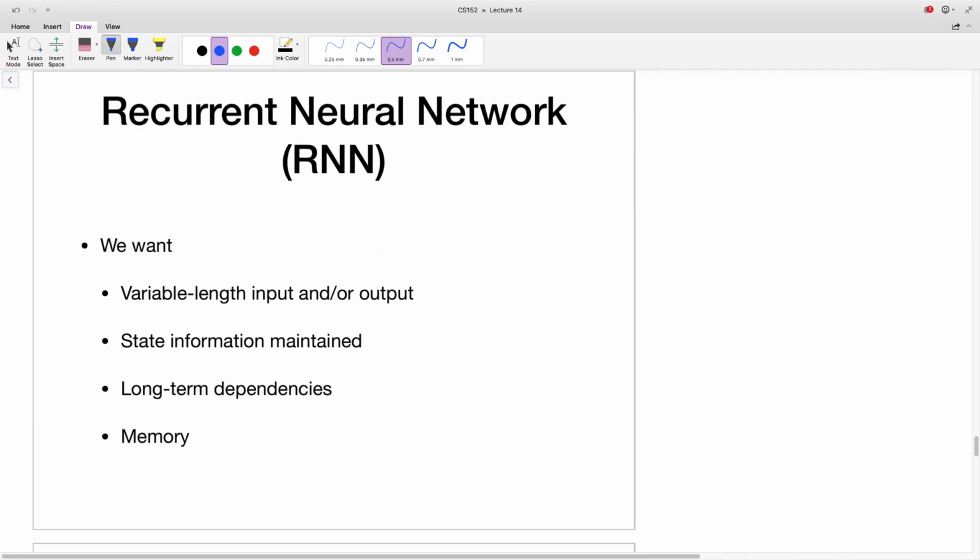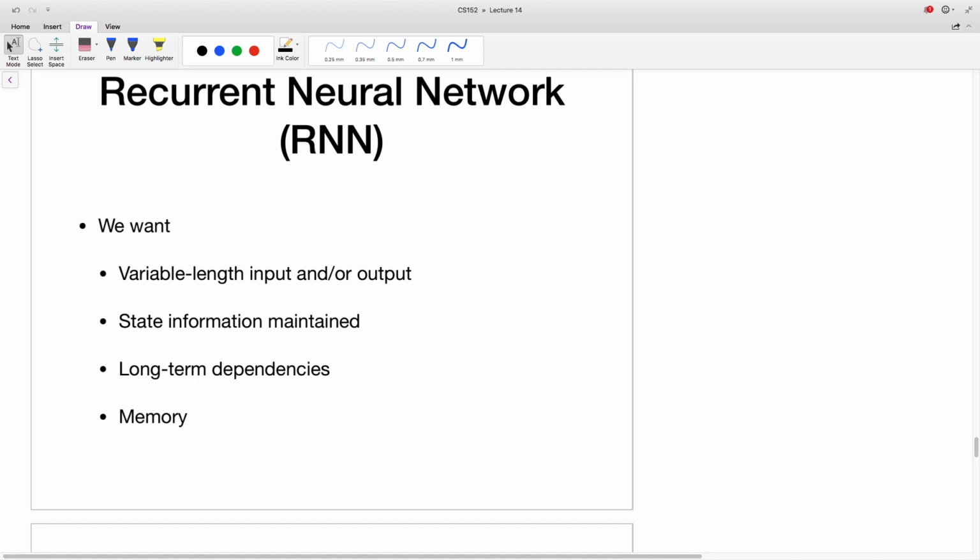All right, so recurrent neural networks, what do we want? Well, we know we want variable length input or output. We'd also like to keep some state information as we process. The way we want to think about it is we're going to have a sequence. We're going to get given the first input, x<1>, and we're going to do some processing, and then we'll get given x2, and then we'll get given x3.